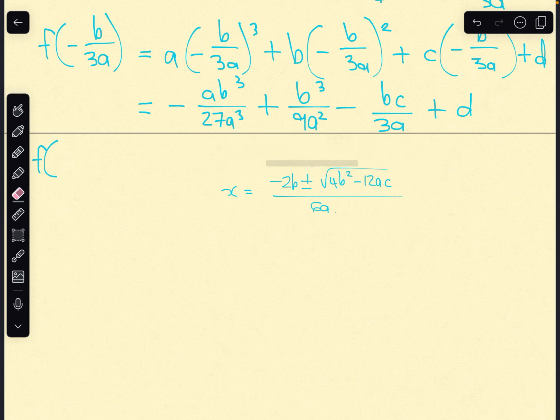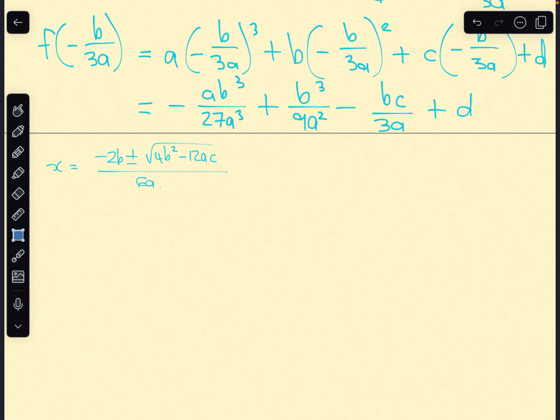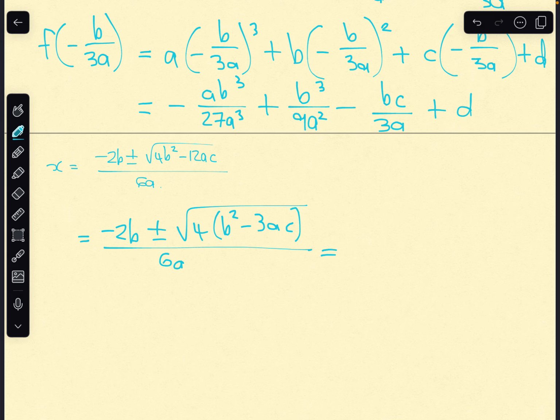Okay, so first off, let me simplify this a bit, because I already see opportunity to simplify. So this is minus 2b plus or minus, I can factor out a 4. So this becomes minus 2b plus or minus 2 times the square root of b squared minus 3ac, over 6a.